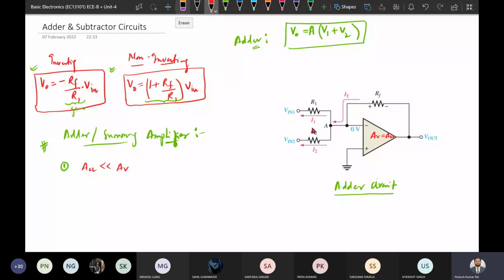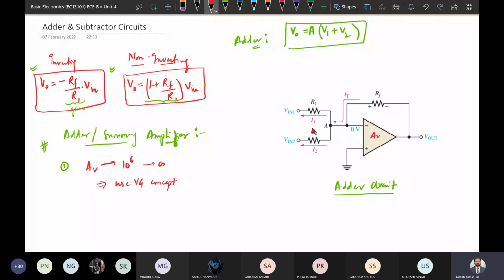The open loop gain AV is 10 to the power 6, which means it is effectively infinity. If the gain is very high, we can use the virtual ground concept.